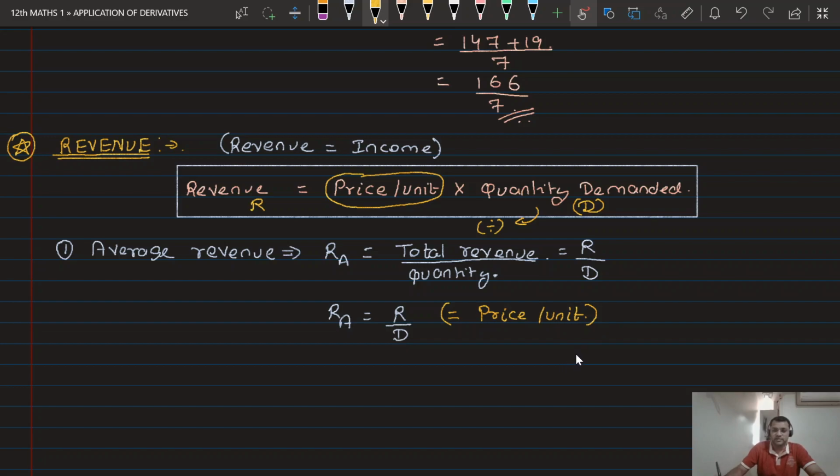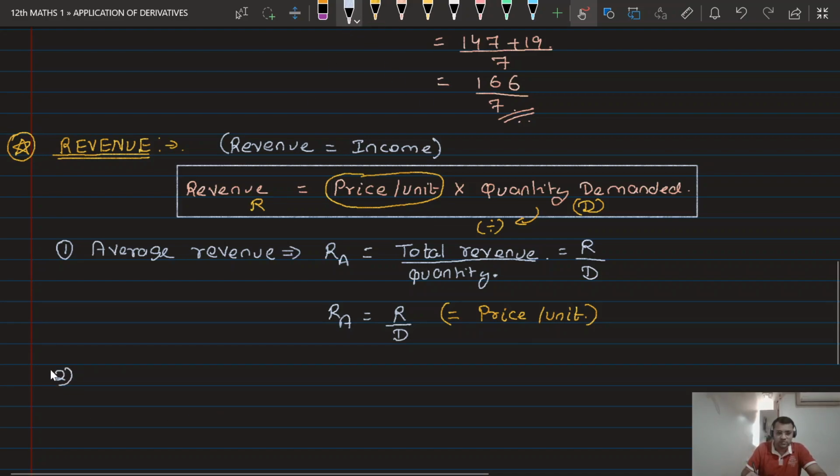So when you are given the information about the revenue and the demand, it is not necessary that you will always be asked to find the average revenue, but probably you can also be asked to find out the price per unit. So the formula will be the same, total revenue divided by the quantity, that is R upon D. So that is your formula number 1.